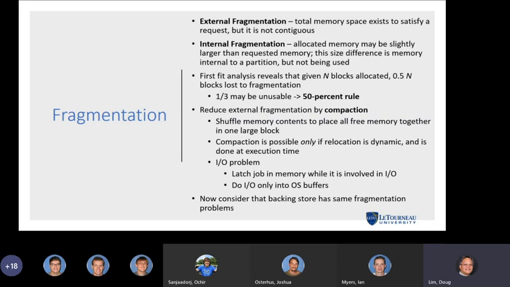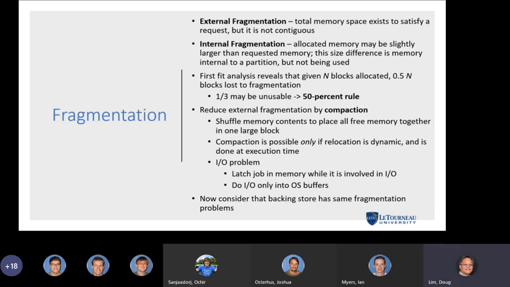So in general, we allocate a fixed number of blocks. A process could request 5 blocks, but it may only be using 4.5 of them. The last block is not fully being utilized by that process, and that would be the internal fragmentation.